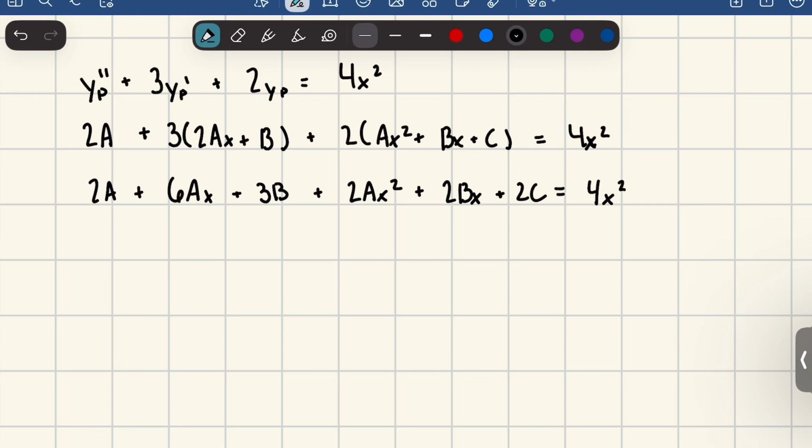Let me sort this out. So plus 6ax, so 6a plus 6ax bx plus.